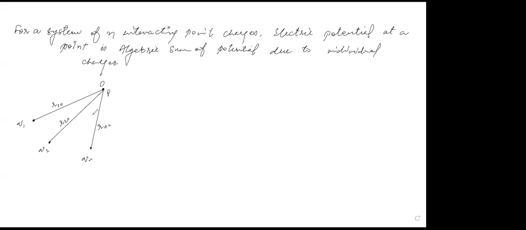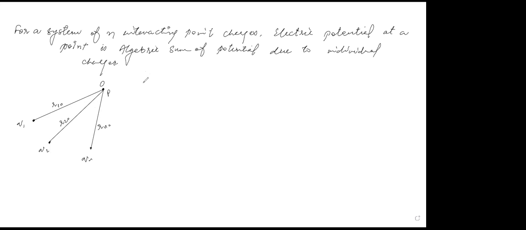Okay. Now, can anyone tell me what will be the total potential at this point? Nawal, can you tell me what will be the potential due to the point charge Q1 at O? Q by 4 pi epsilon naught r10, right? Okay, good. Why? Because Q1 individually behaves just like a point charge.